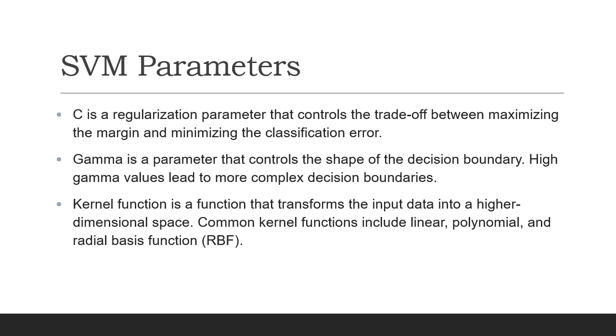Kernel function is a function that transforms the input data into a higher dimensional space. The common kernel functions include linear, polynomial, and radial basis functions. The main SVM parameters are C, gamma, and the kernel functions.